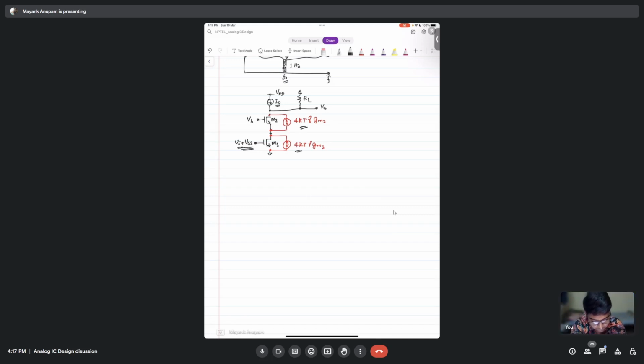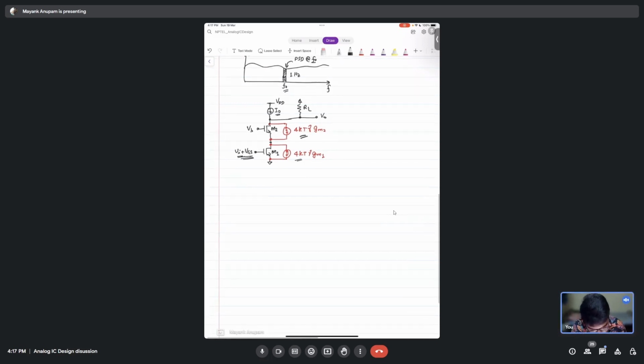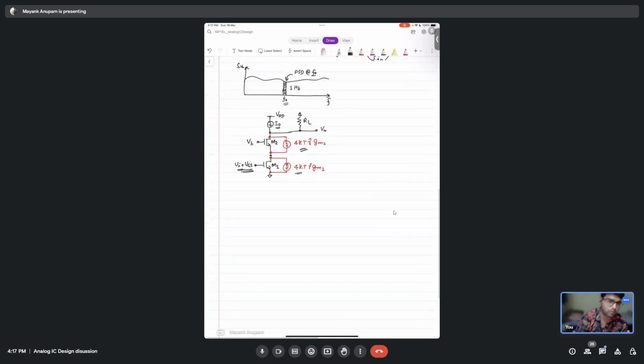Sir, we find the transfer function from each of the sources. Correct. Why do you say that? Actually, two current sources will contribute different noise. Correct. True. So I just want to hear that term. You are referring to the principle of superposition, isn't it?